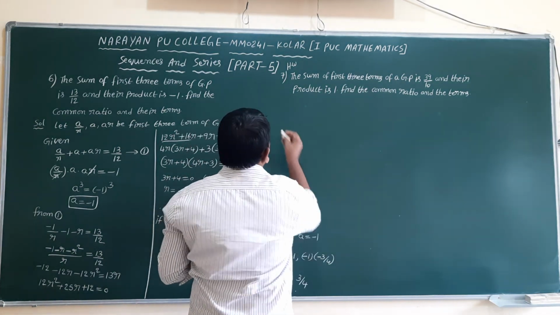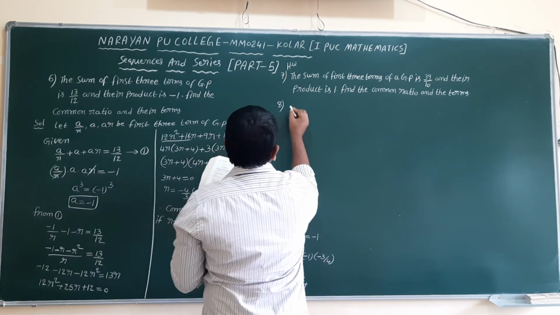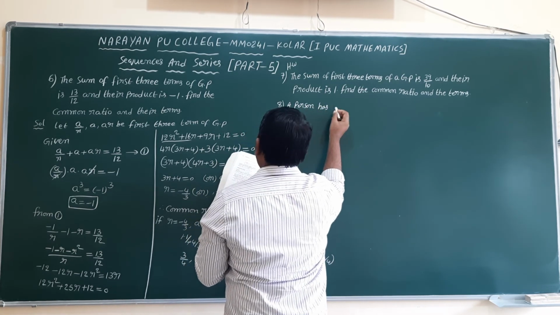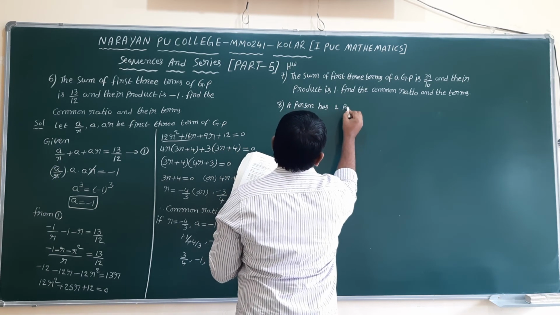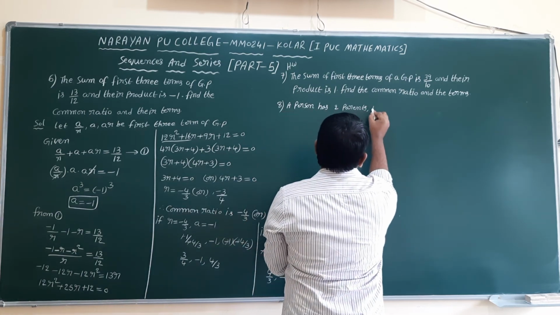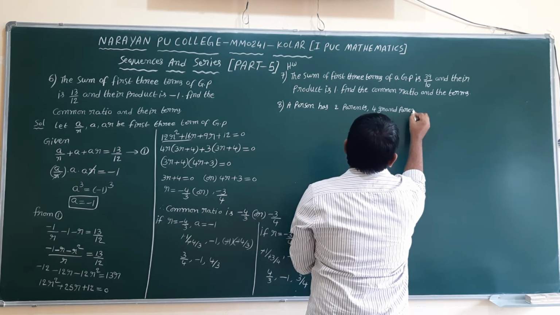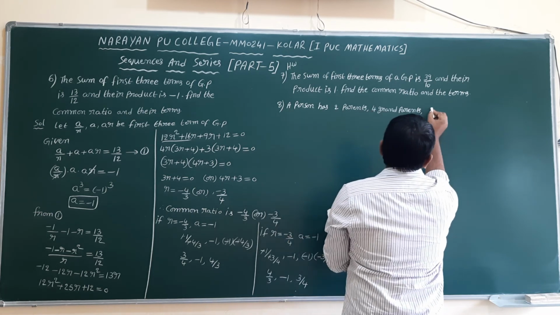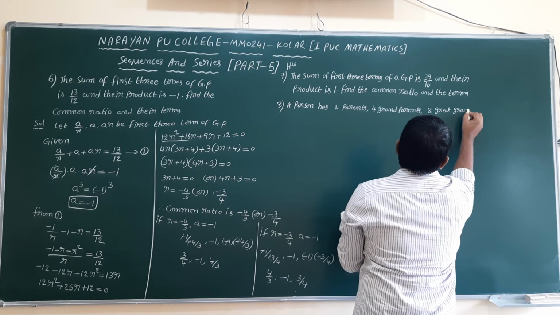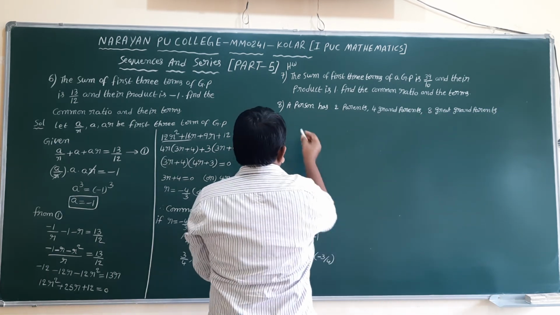And next example, a person has two parents, 4 grandparents, 8 great grandparents, and so on.